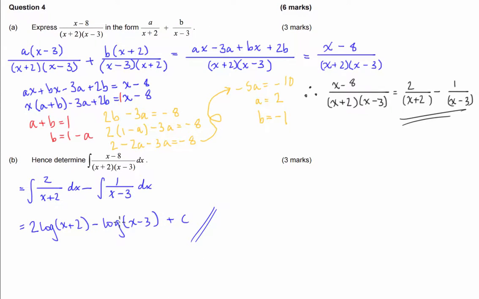You can see that by breaking up this quite large rational function into its partial fractions, taking the logarithm is quite easy. The hard part to start with was actually making the partial fractions, but once you've done that, the second 3 marks is quite easy to get.